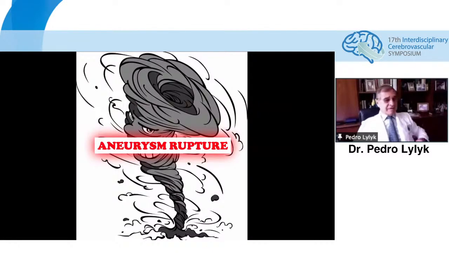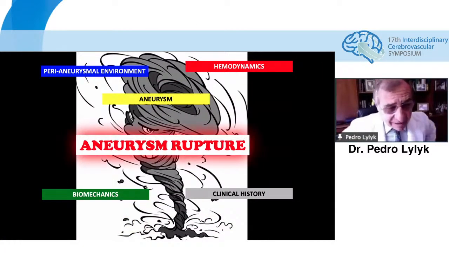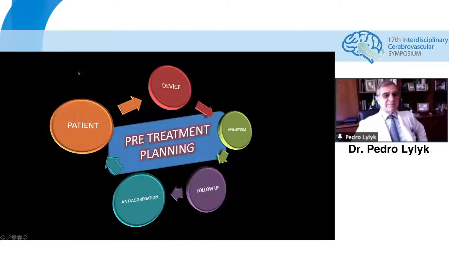So the coils can be an advantage, can really help us, but I don't think they are the answer. I think this is a perfect storm with several actors: the hemodynamics, the history, the biomechanics, but also the environment will probably play a role in that.